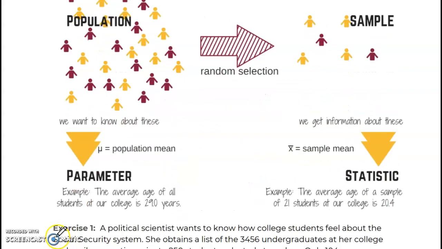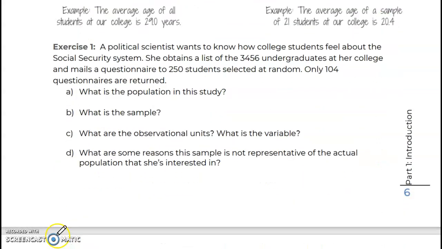Let's dive into an example. A political scientist wants to know how college students feel about the Social Security system. She obtains a list of 3,456 undergraduates at her college and mails a questionnaire to 250 selected at random. Only 104 questionnaires are returned.